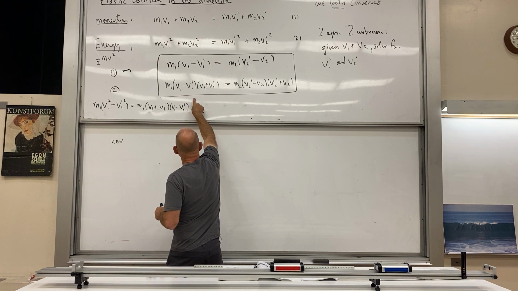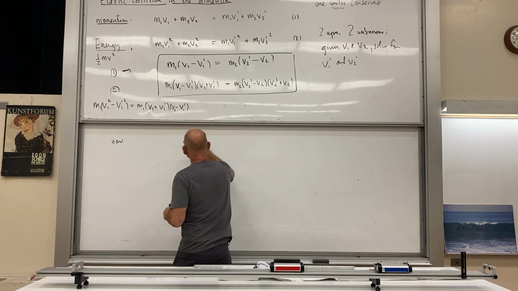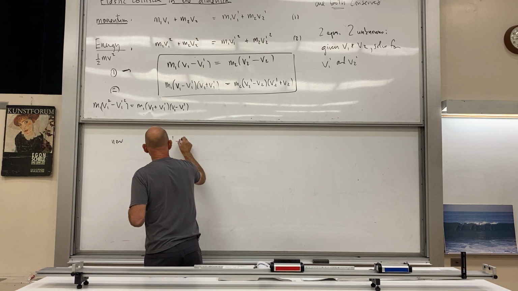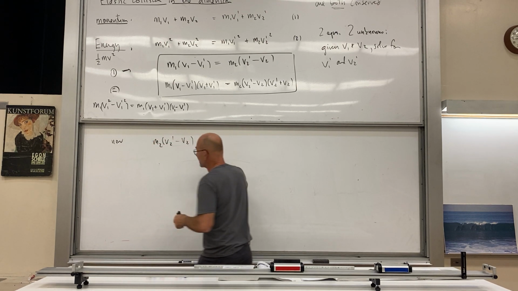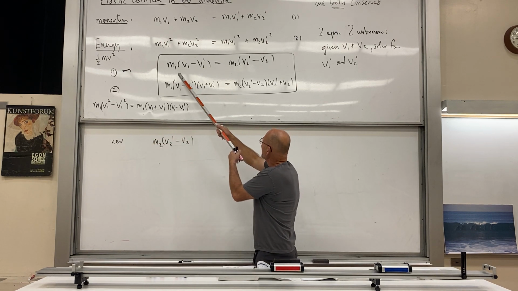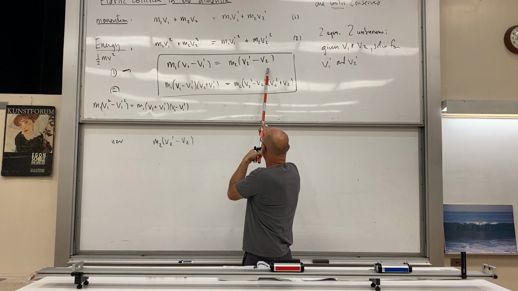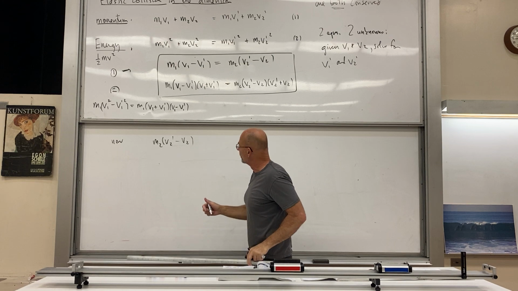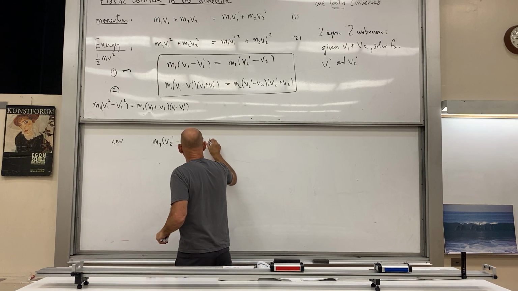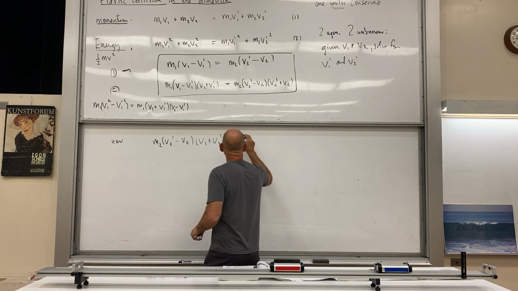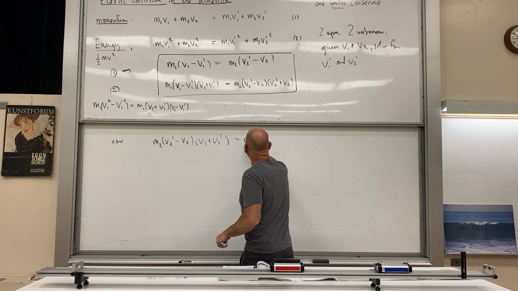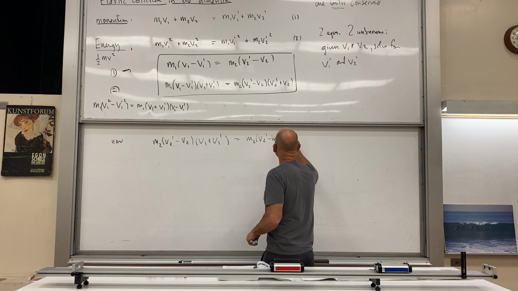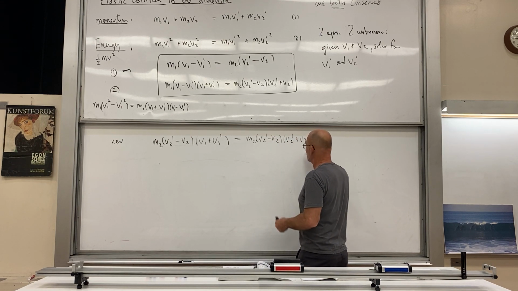m1 (v1 minus v1 prime) equals m2 (v2 prime minus v2). Okay, so that is this right here, m2 (v2 prime minus v2). But we're substituting it right there, so now we have (v1 plus v1 prime) equals (v2 prime plus v2) times m2 (v2 prime minus v2).